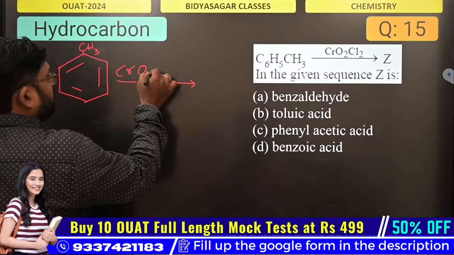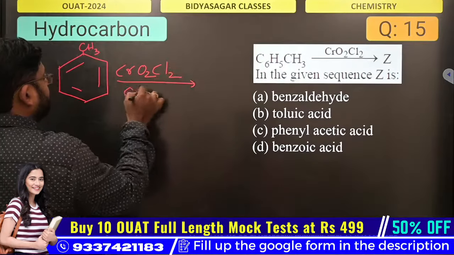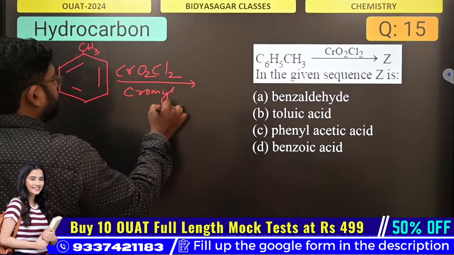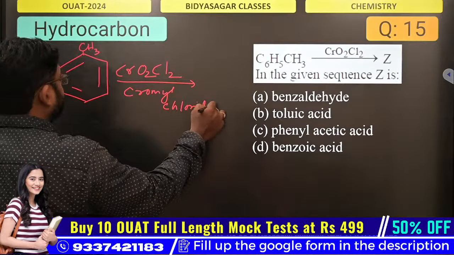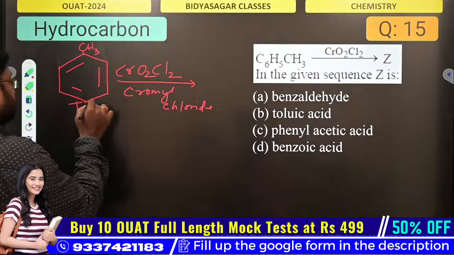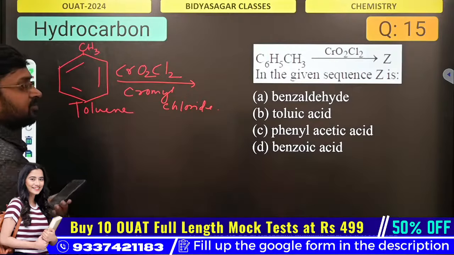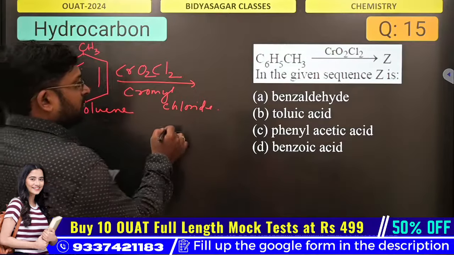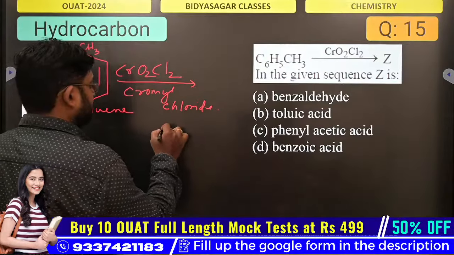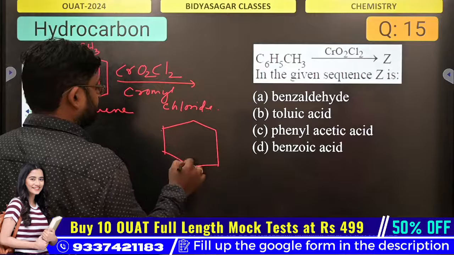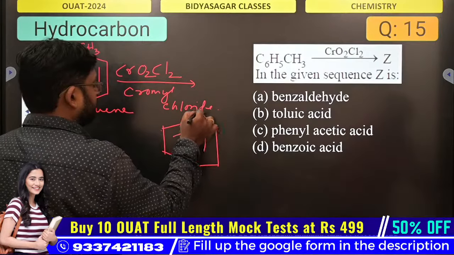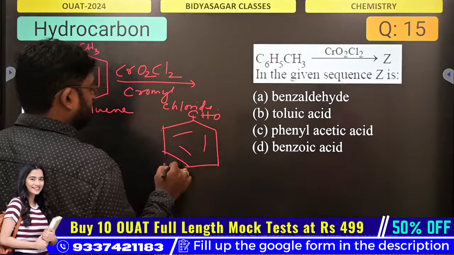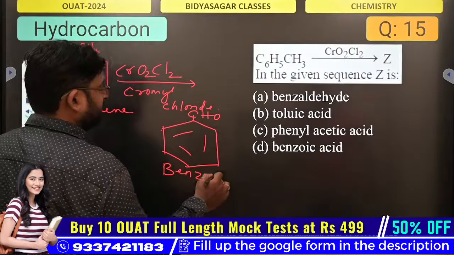When toluene is treated with chromyl chloride, it undergoes oxidation to give benzaldehyde.